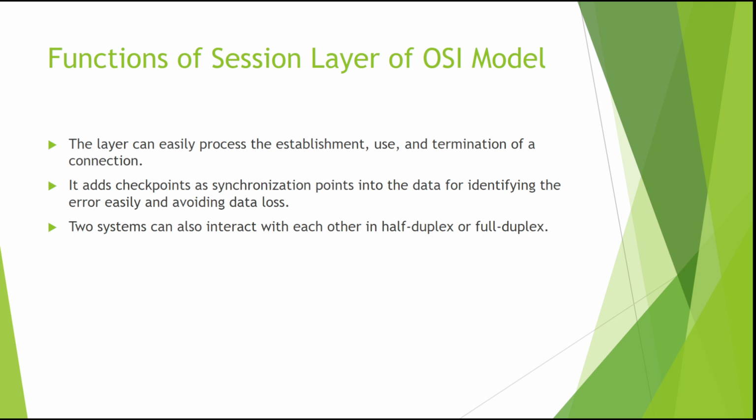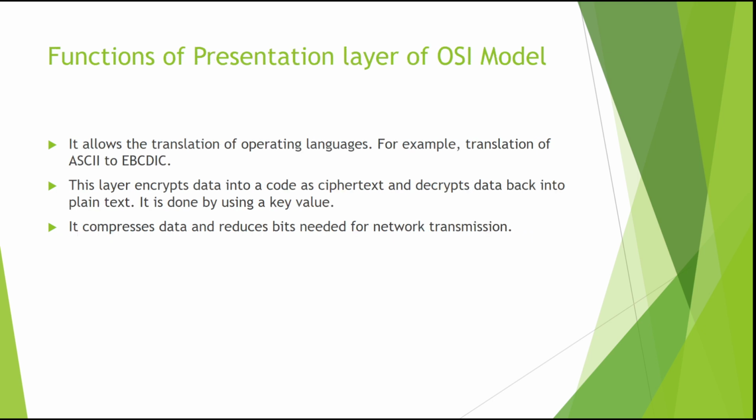This layer handles the establishment, use, and termination of connections. It tells how the information is moving, and you see that even the data transfer modes of half duplex and full duplex are able to work through the same system.